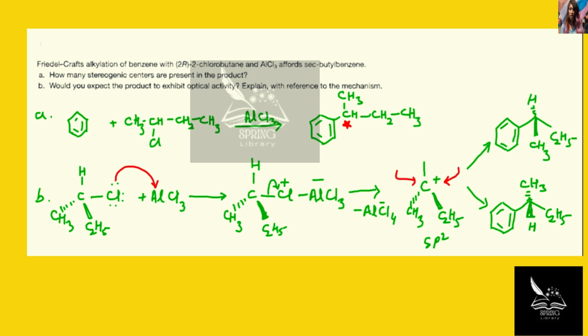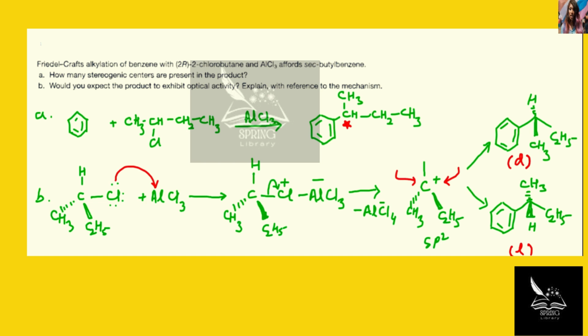So if one is the D isomer, the other should be the L isomer, one is the mirror image of the other.